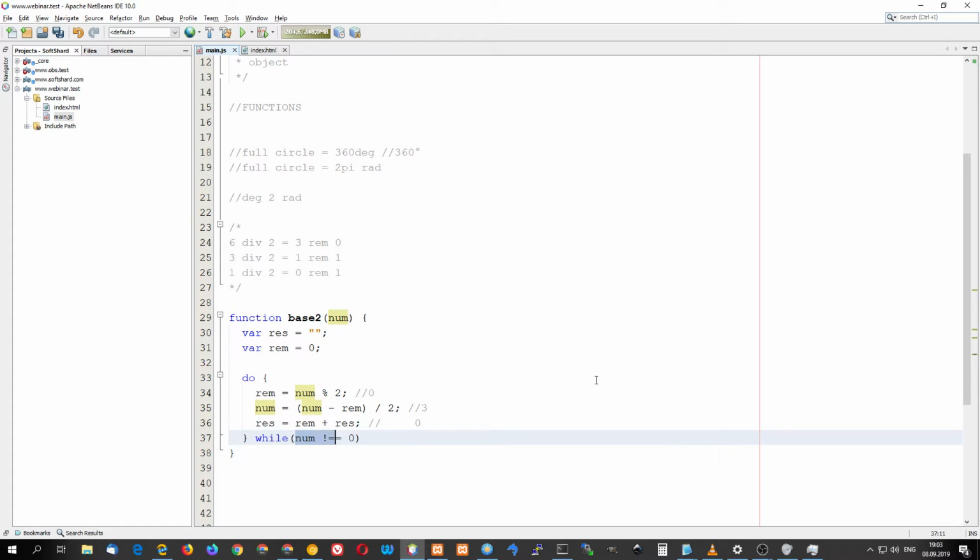While number is not equal to 0, well, we have number 3. So we start again. 3 remainder 2 is 1. 3 minus 1 is 2, divided by 2 is 1, so number becomes 1. We're now here, and we add the remainder from before to the result.